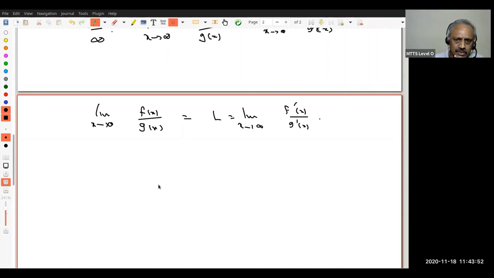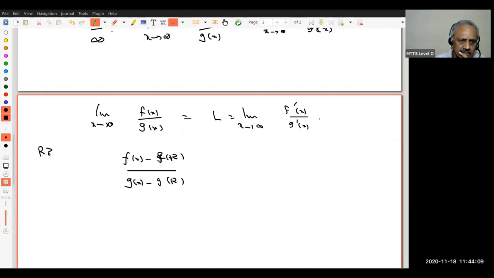So I want f dash x by g dash x, therefore I want here f(x) by g(x). The obvious thing is to look at f(x) minus f(r) and g(x) minus g(r), where r is very large. Because we are talking about the limit as x tends to infinity, I can take x to be very, very large. So fix an r which is very large.